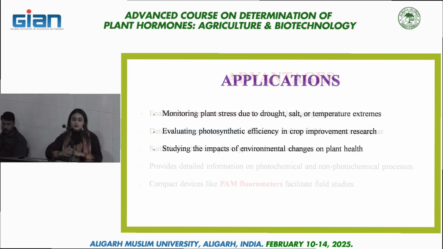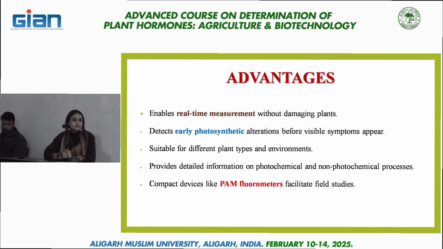Now, the advantages of this Junior PAM: as you can see, we can do real time measurement. We can measure here and take readings from here only. Secondly, it detects early photosynthetic alterations. As we know, photosynthesis is divided into two major components, that is light reaction and dark reaction, so early photosynthetic alterations we can study while using this Junior PAM.